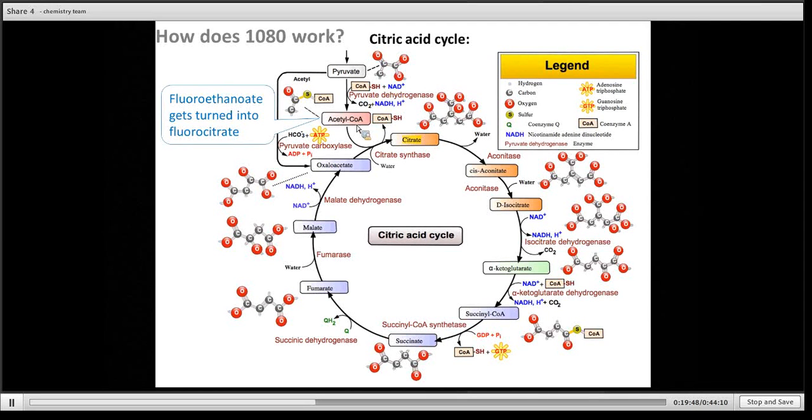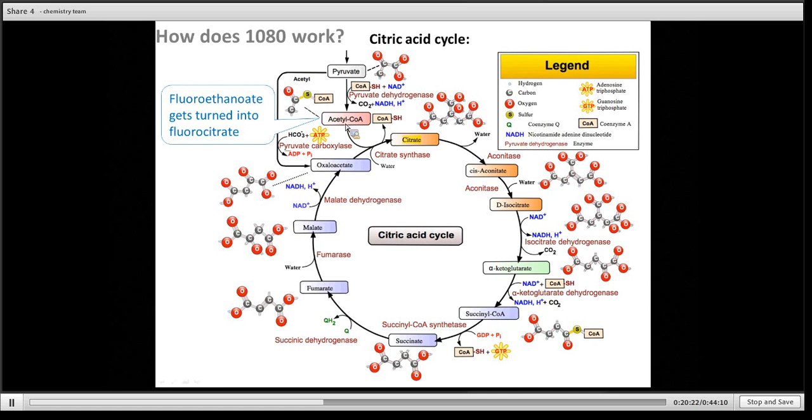So remember, when an animal ingests sodium fluoroacetate solid, it will immediately dissolve in their system, because we've got a lot of water in our system, so it'll dissolve in our stomachs and it'll go into the blood very easily because it's soluble. Then what will happen, the fluoroethanoate part will get attached to coenzyme A instead of the acetyl part, or the ethanoate. Acetyl is just a common name for ethanoate.